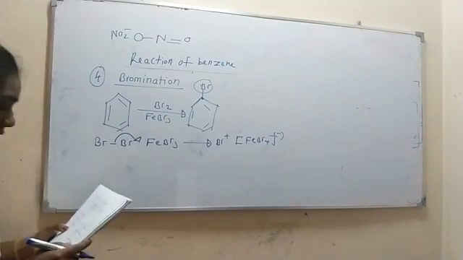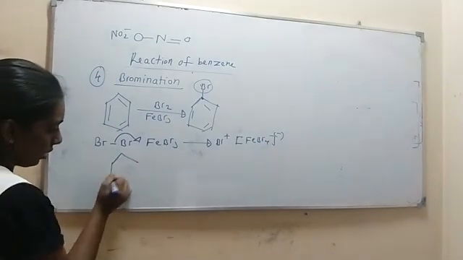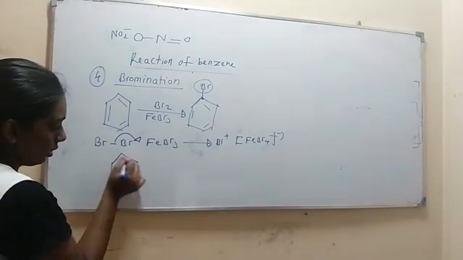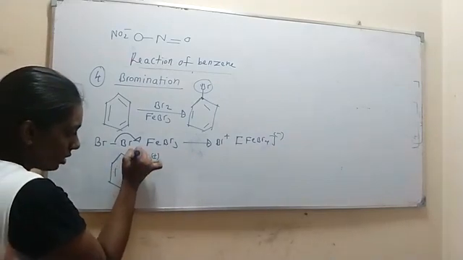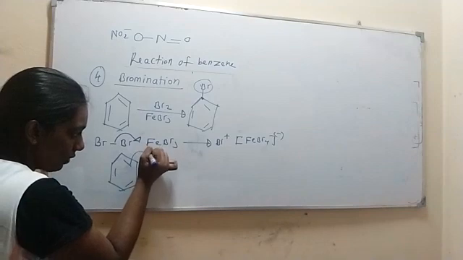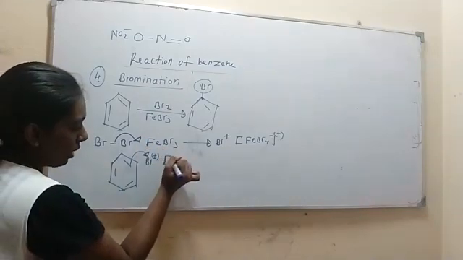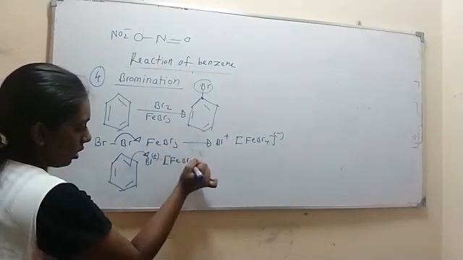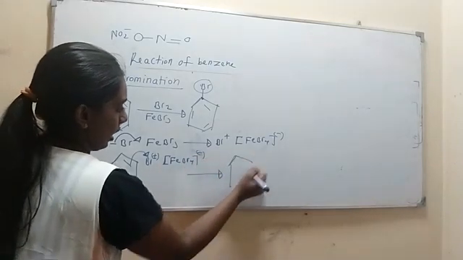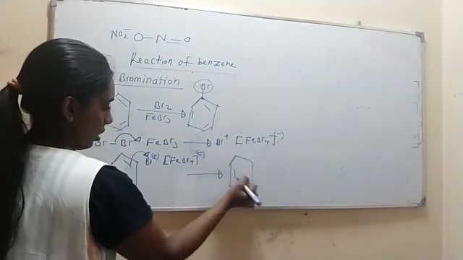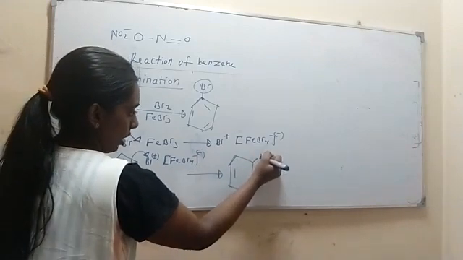Now the benzene ring is here. Br plus needs electrons, so this benzene ring is giving electrons, and FeBr4 minus is there. Then what it will form is the benzene ring here. Br will go and attach here.